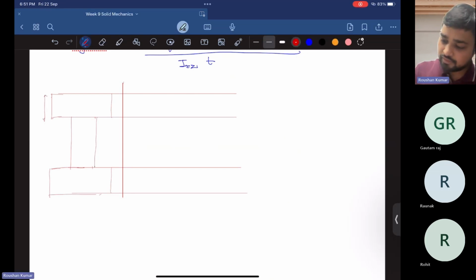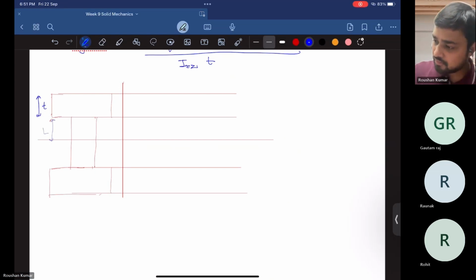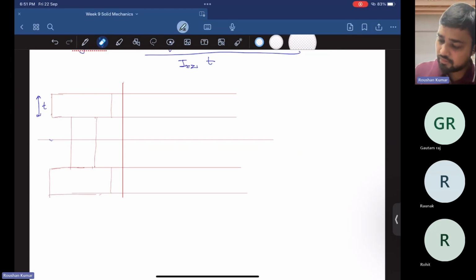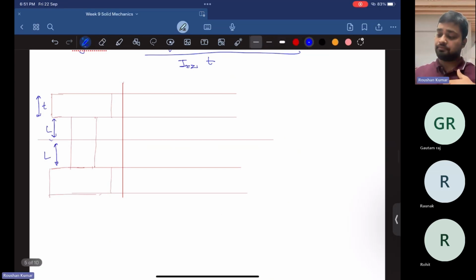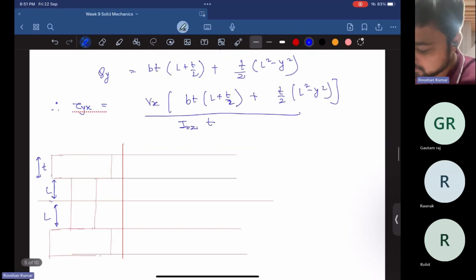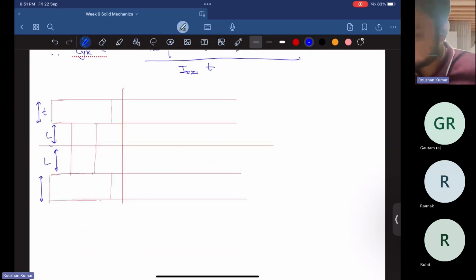So this is T, and this is, sorry, this is L, this is L, this is also L, and this is T. So we have to find the shear stress variation.